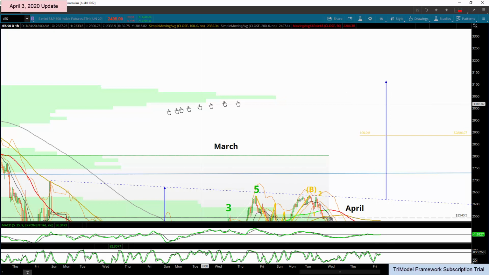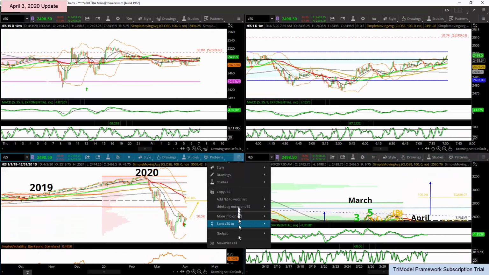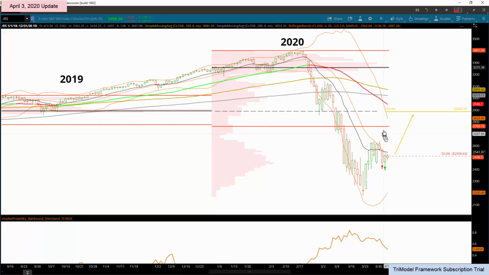Do you know what this area was? This area was right about 31. Yep, it's the top of the B wave. The top of the B wave. Right about here.